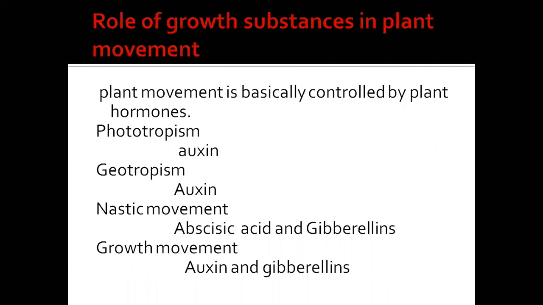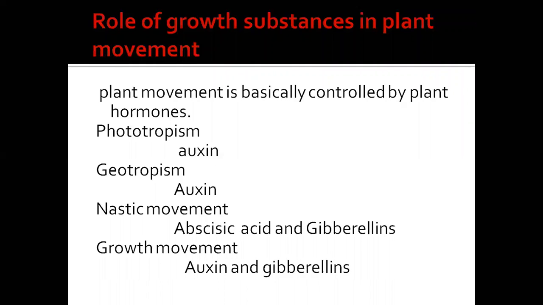For example, phototropism is controlled by auxins. In the same way, geotropism is also controlled by auxins. Auxins induce positive phototropism as well as positive geotropism.